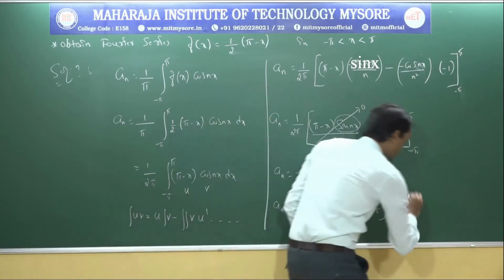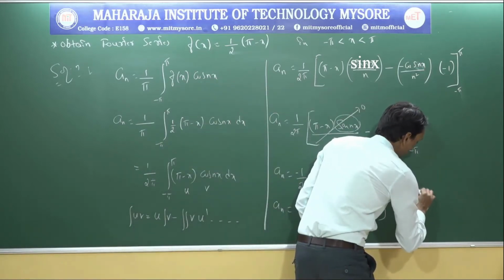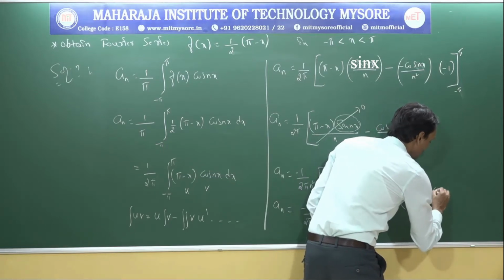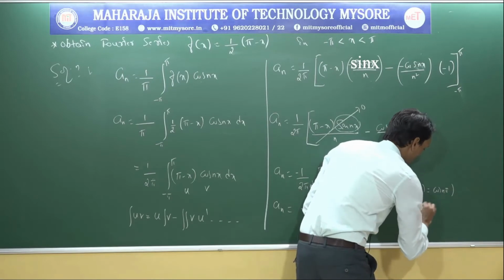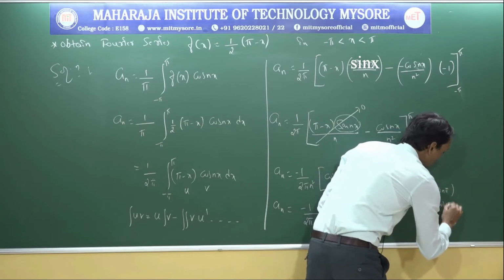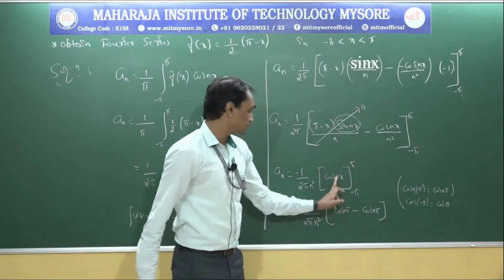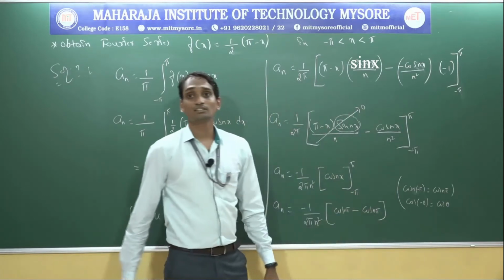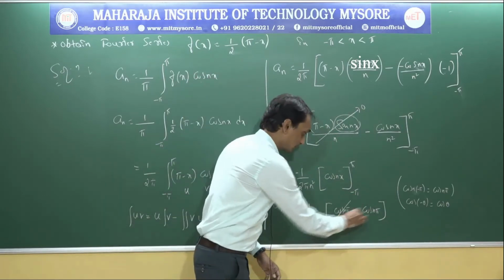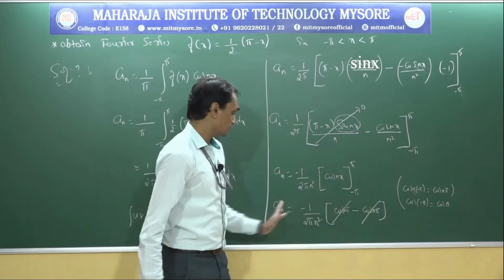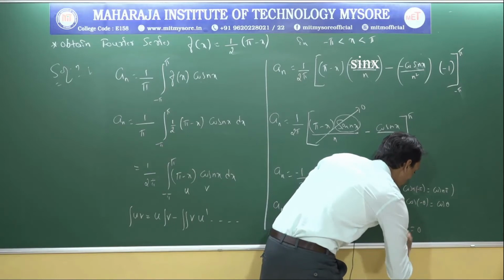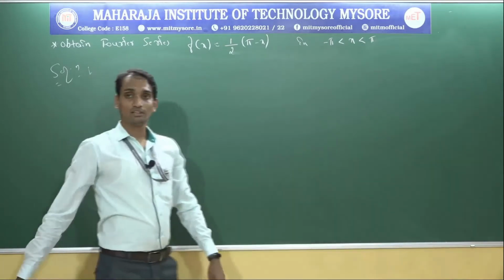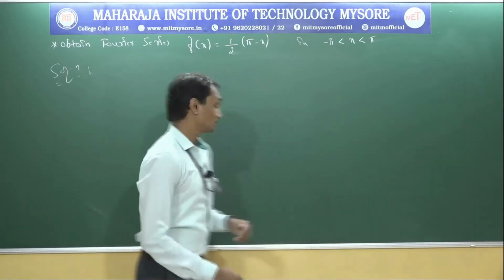We have cos of n of minus pi, which is equal to cos n pi, because cos of minus theta equals plus cos theta. So plus minus cancels, so 0. Which implies an equals 0. Now I will move on to the next value, bn.